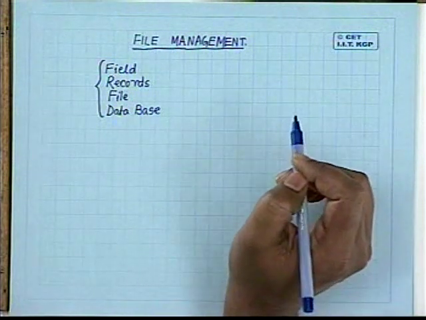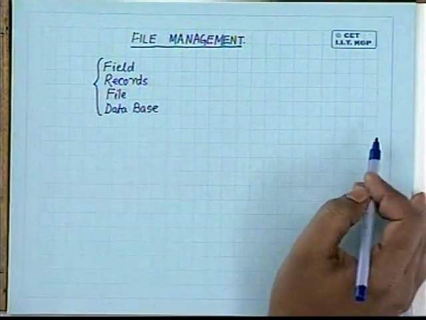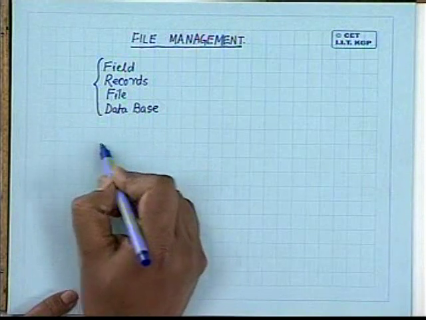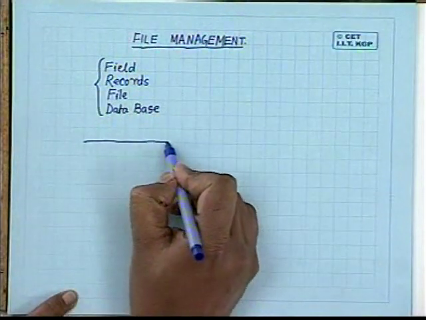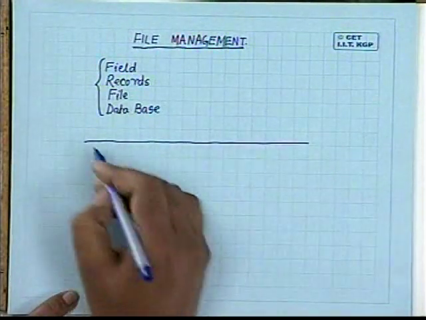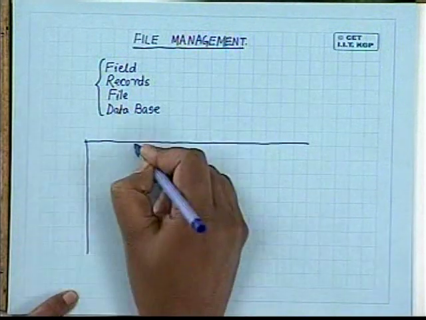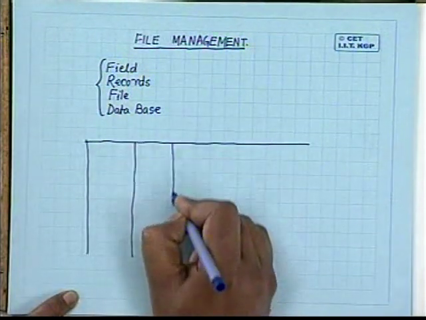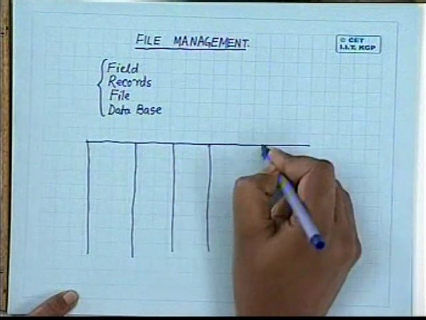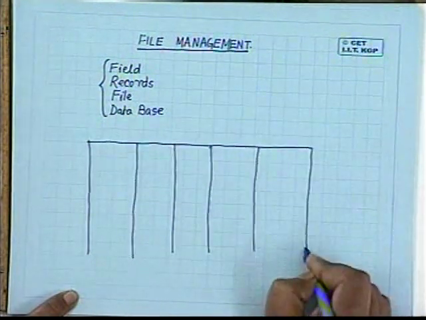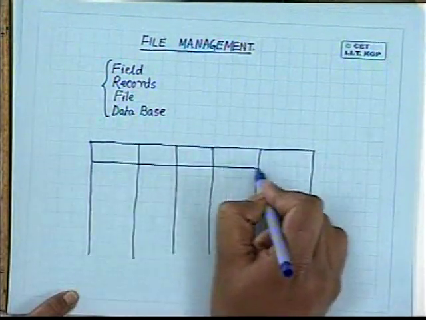Okay. So it is quite well known that such a record can be maintained in the form of a table. So like this, I can form a table. The table will store various entries.